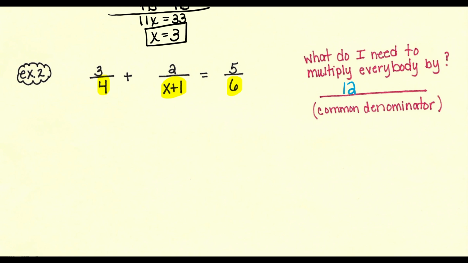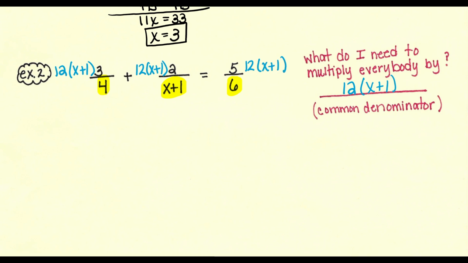But we have to have something that x plus 1 goes into, which means we have to have an x plus 1. You have to pick a denominator that can accommodate each of those individual denominators. So I'll multiply every term by a 12 and an x plus 1.